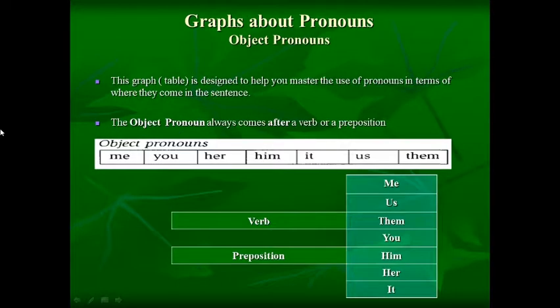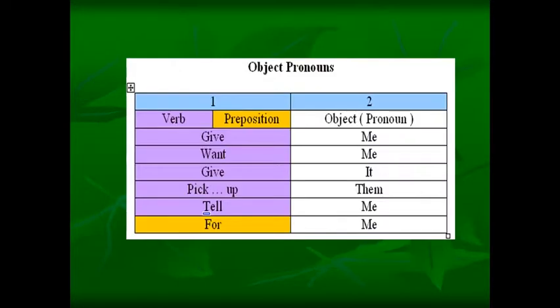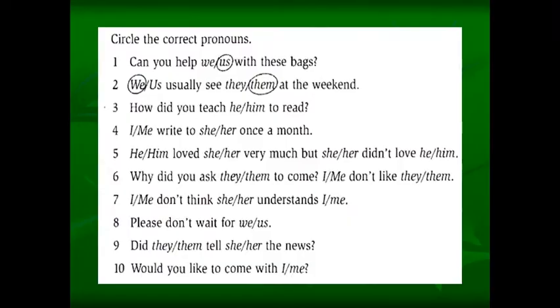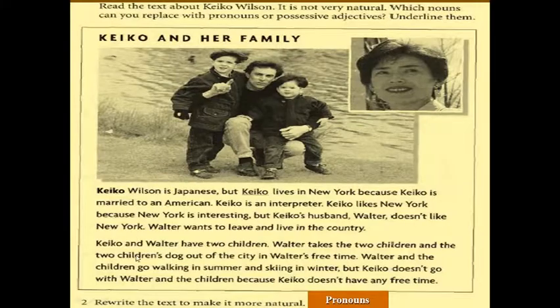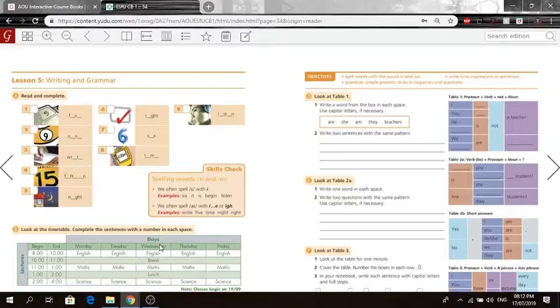And then here you go, after the verb or preposition: me, us, them, you, him, her, it. Okay? Take a good look at it. You guys remember when we did this exercise, can you help we / us? Because us was later and we could only be used in the beginning, like so, number 2. Okay? Quick refresher. Now, let us go back to our book.